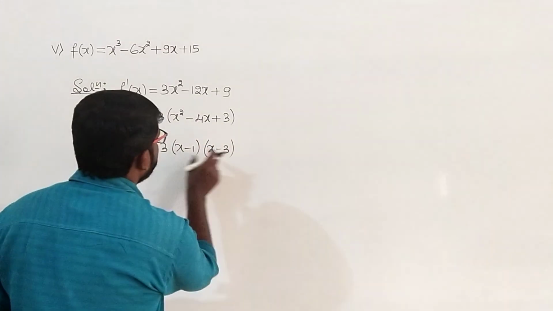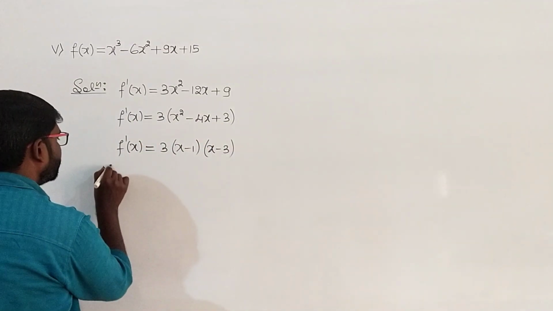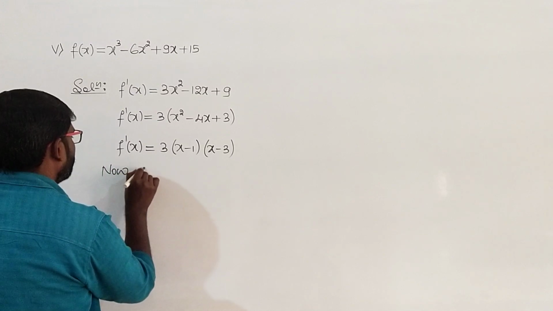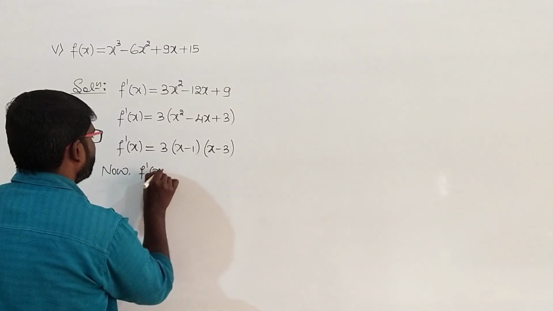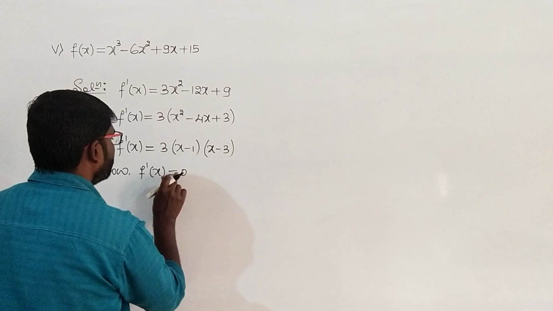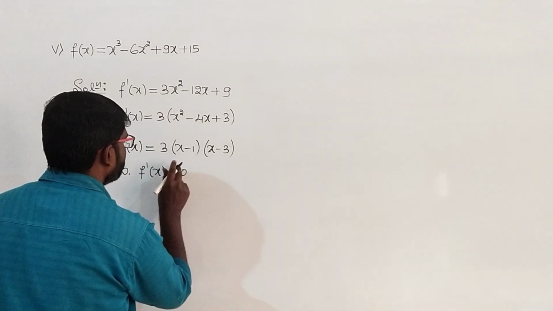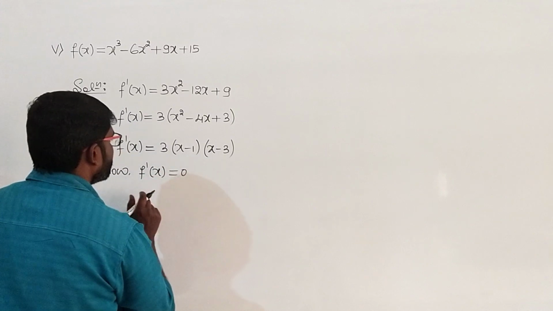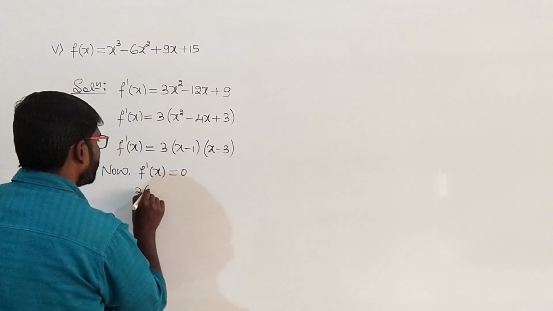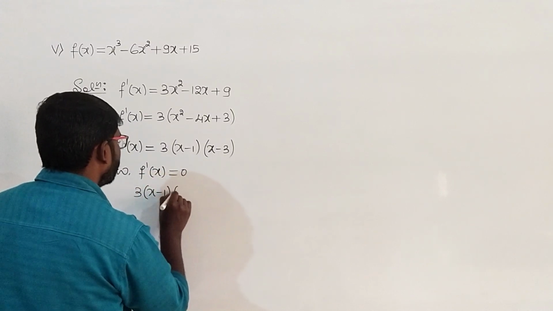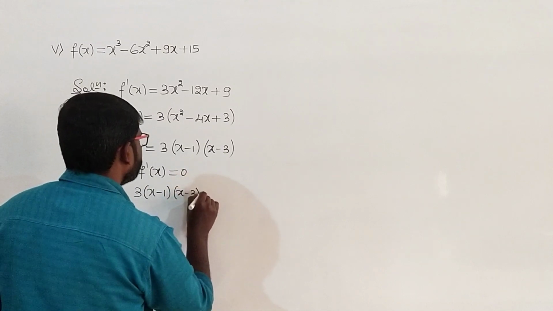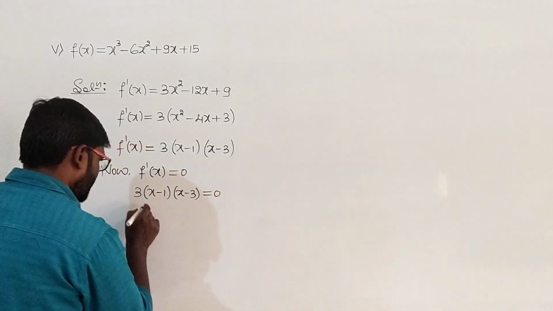Now to get the critical points we will have to equate this with 0. f dash of x equal to 0. So 3 times x minus 1 into x minus 3 equals 0.